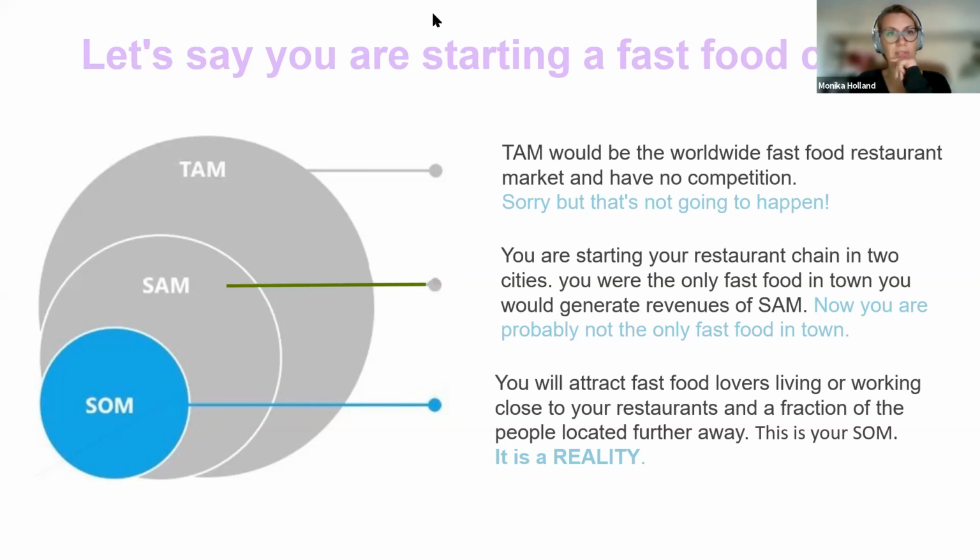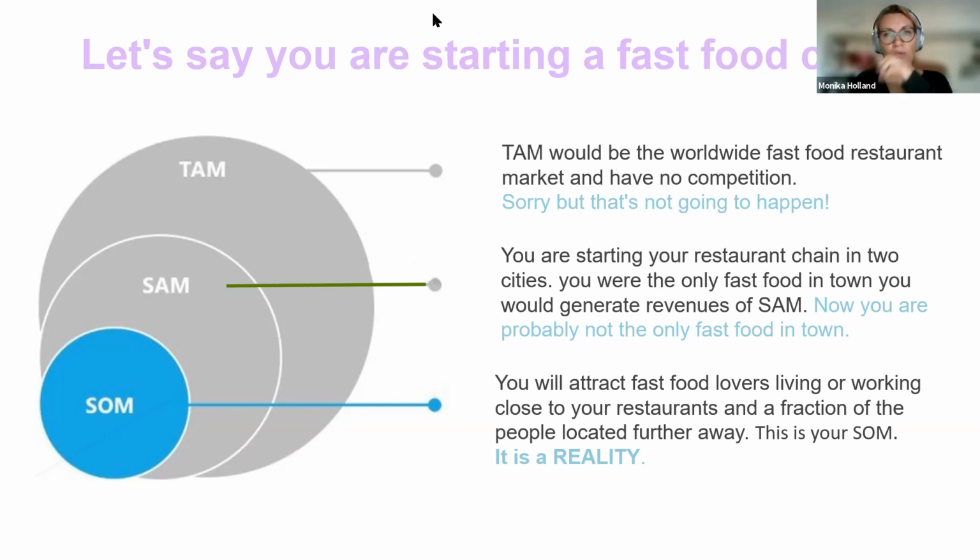So TAM is like, imagine you don't have any competition, and you can just go ahead and onboard all the fast food restaurants that are worldwide. That's not going to happen, right? It's unrealistic. So this, again, explains the difference between TAM and SAM and so on.